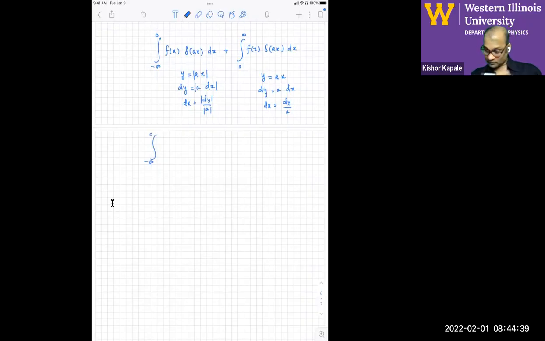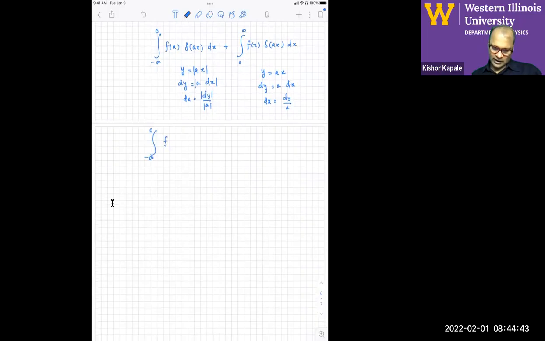So f of x would become now f of y, right? So x is equal to y over amplitude of a for this part, and so on.